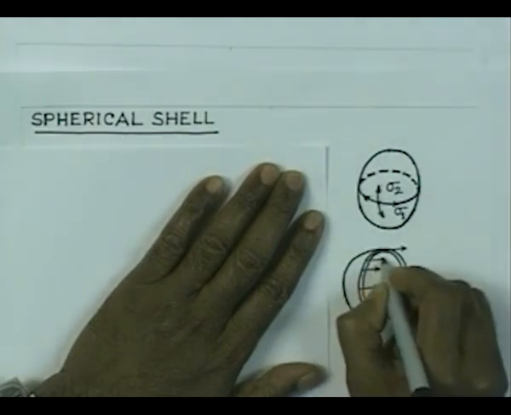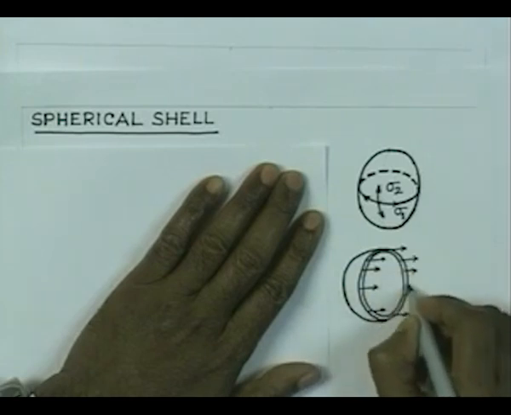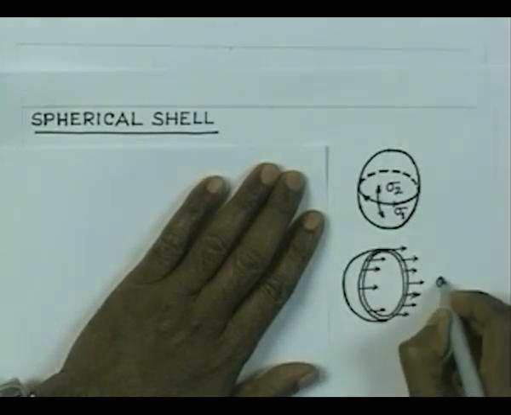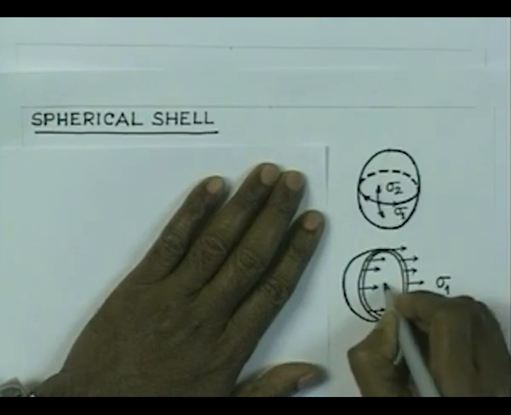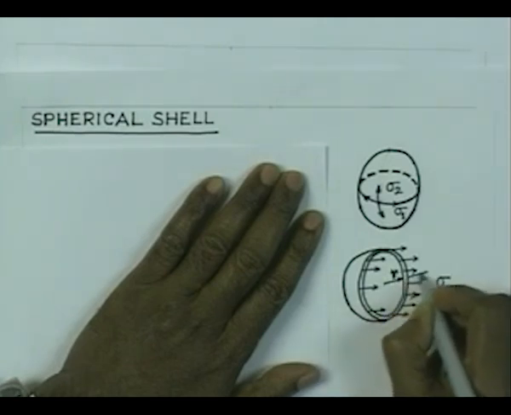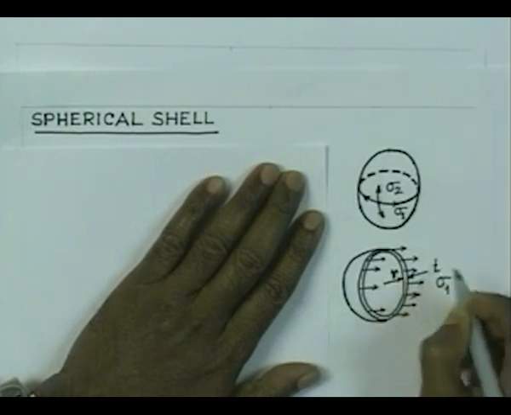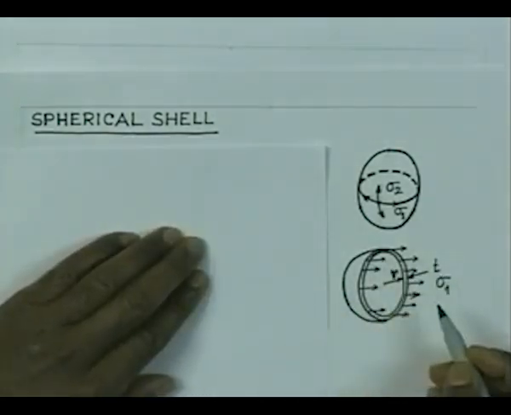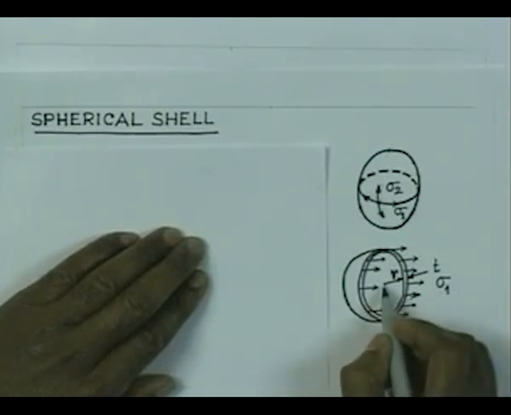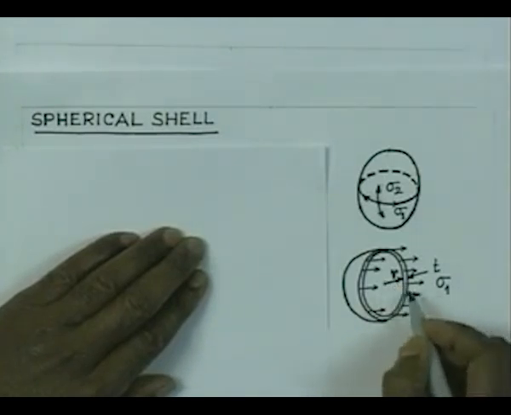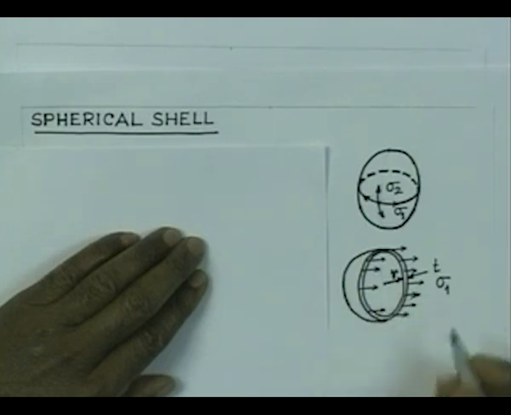Since the cell is of small thickness, we can take the stress to be uniform everywhere, of intensity sigma 1, and if R is the internal radius and T is the thickness, then the total load counterbalancing the pressure is 2 pi r into T into sigma 1.